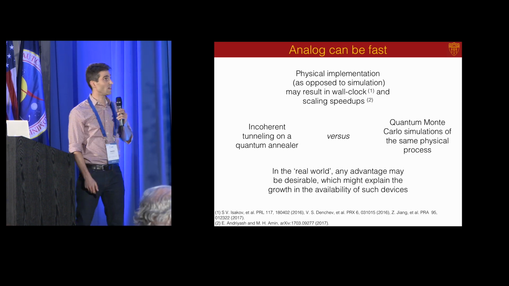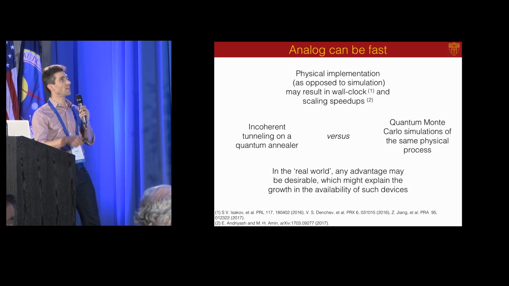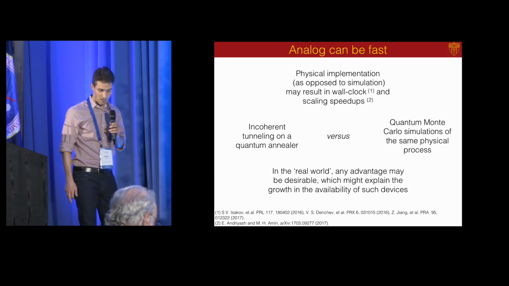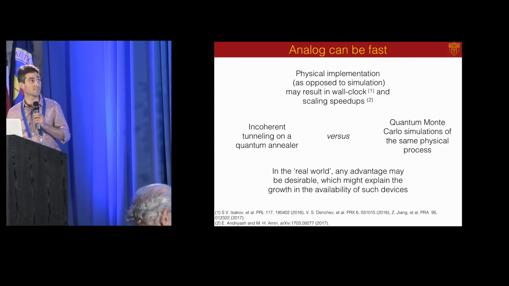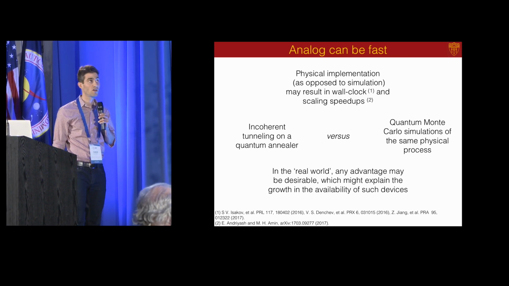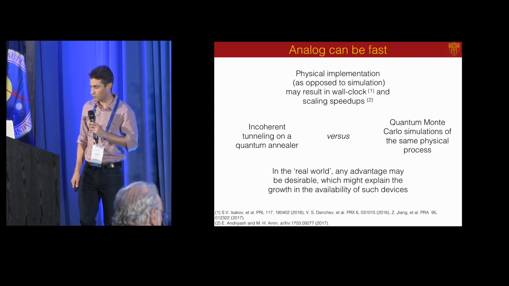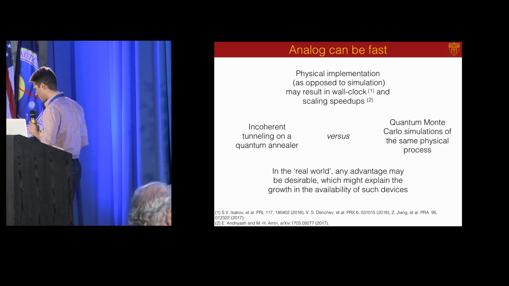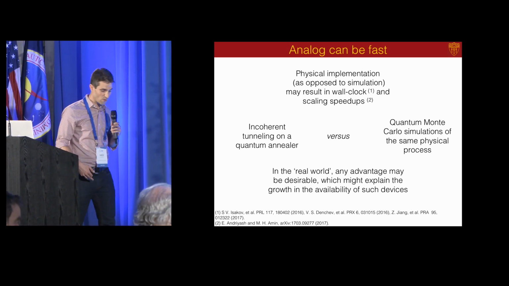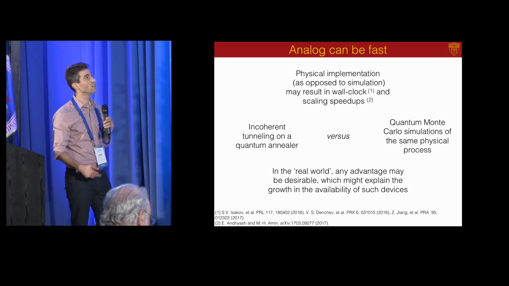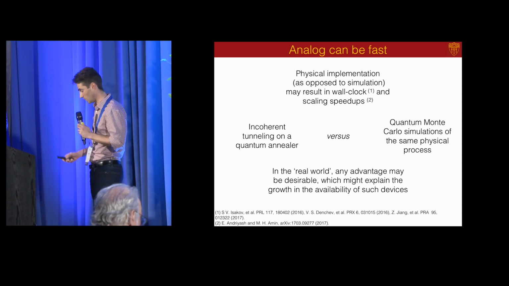But there was also this nice work by Andreas and Ames at D-Wave that showed that not only could you get a wall clock time advantage, but you could also get a scaling advantage if you tried to solve the right problem, right? So these kinds of real-world advantages have, I think, motivated a lot of people to try to build these kinds of special-purpose devices.